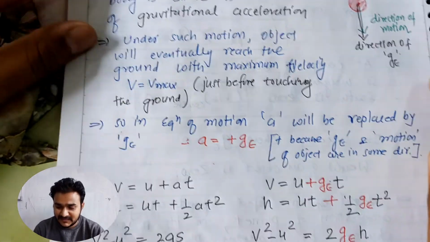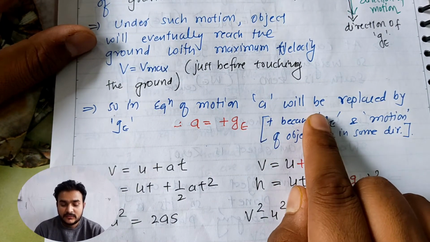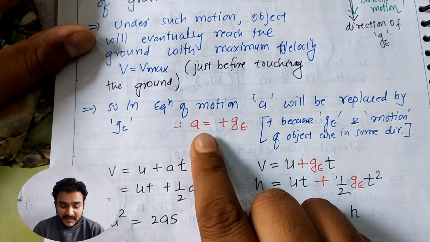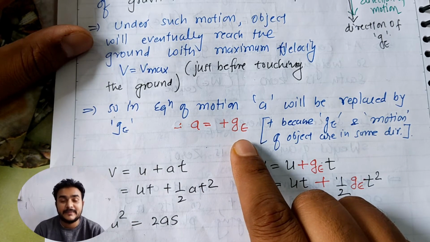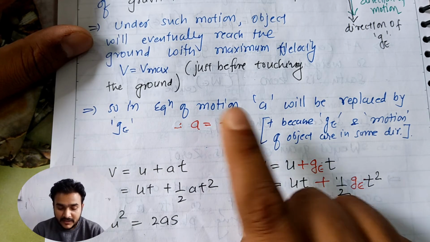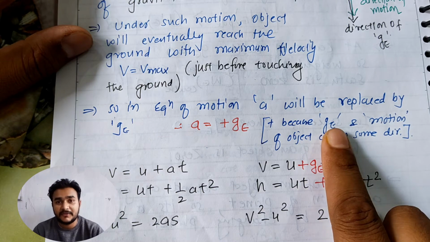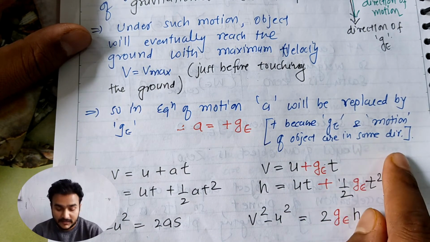So in such a condition, the equations of motion will change like this. Here the acceleration is replaced with the positive value of gravitational acceleration, that is 9.8 meter per second square, or sometimes 10 meter per second square. The positive sign is because the direction of gravitational acceleration and the direction of motion are both the same.